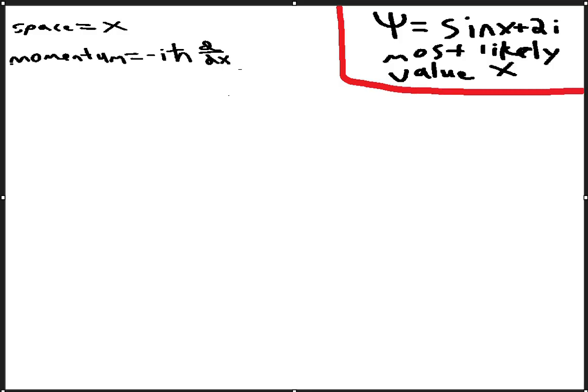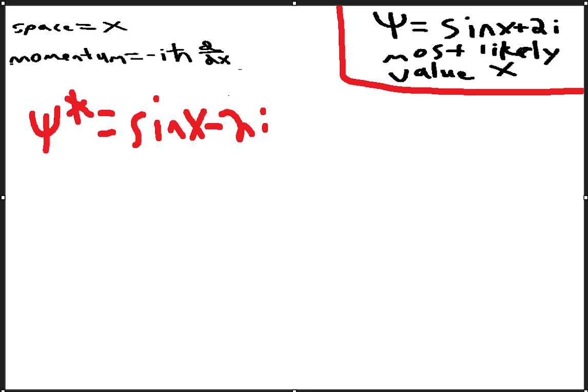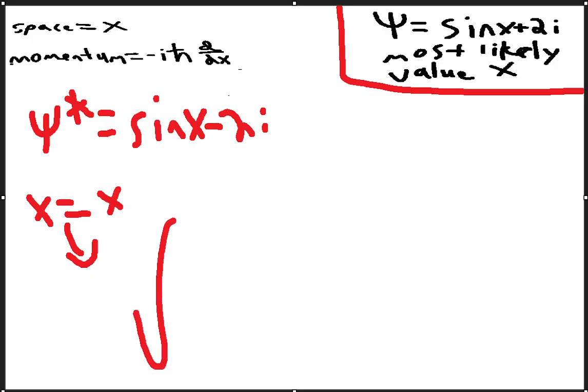Well, we know that psi star is equal to sine x minus 2i. And we also know that the x operator is just equal to x. And so the way we'd solve this is we take the integral from our limits, whatever they might be. It doesn't really matter, we're just putting some arbitrary ones.